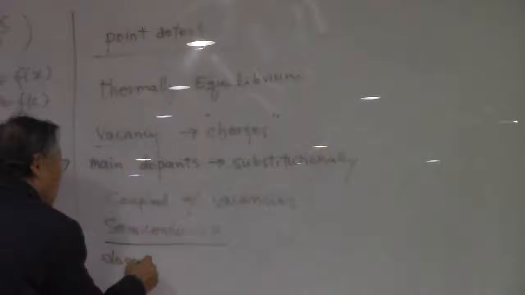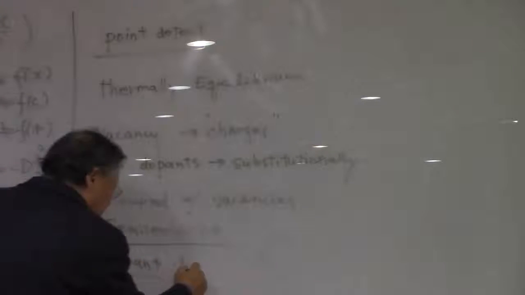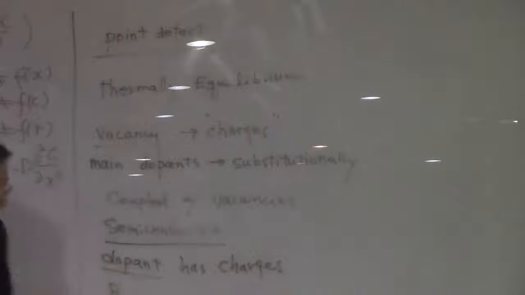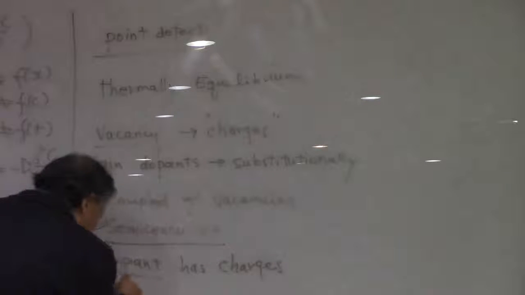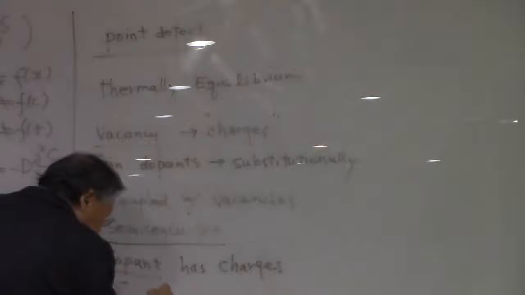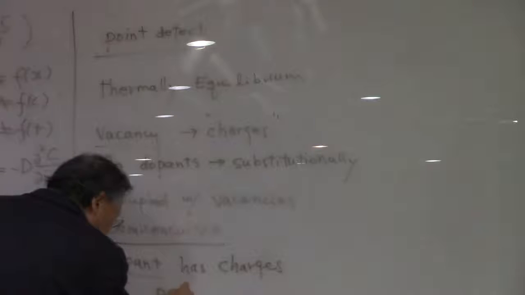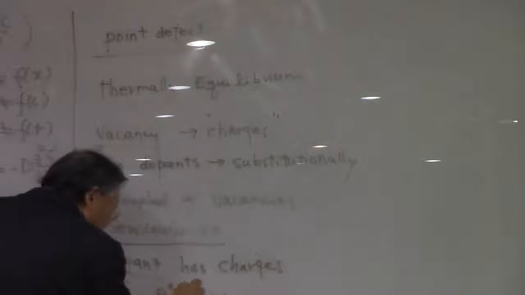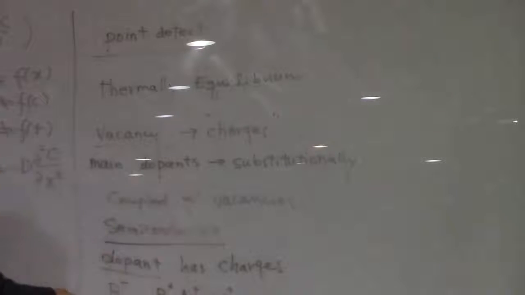So that the dopant has charges, like, for example, the acceptor has to be charged with a minus, and the donors like phosphorus, arsenic, and antimony, typical donors, themselves have to be charged positively.